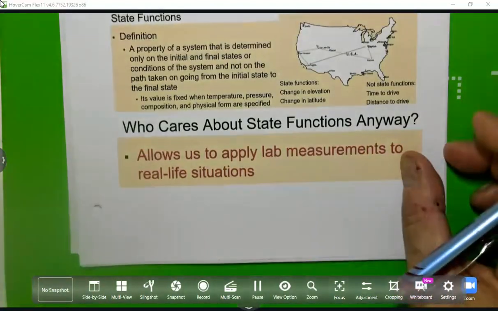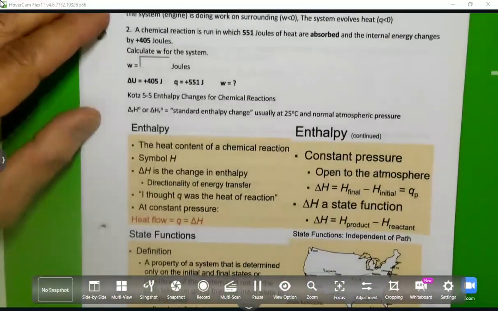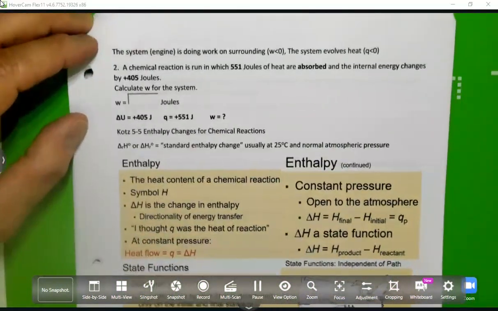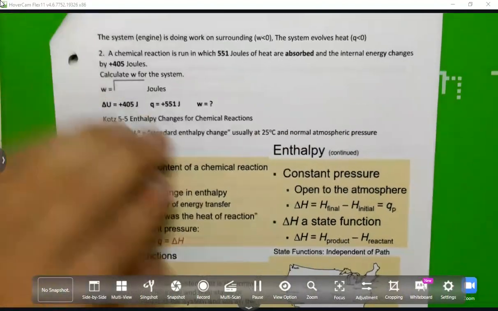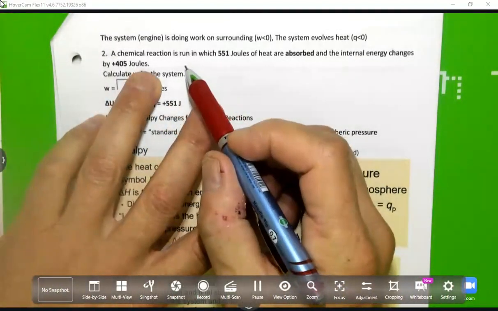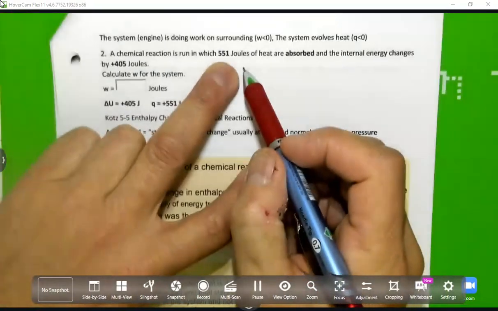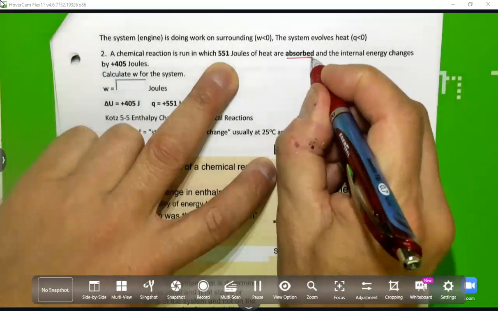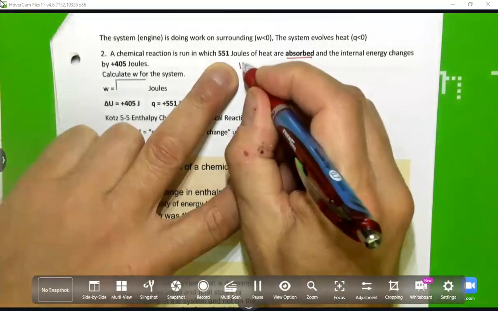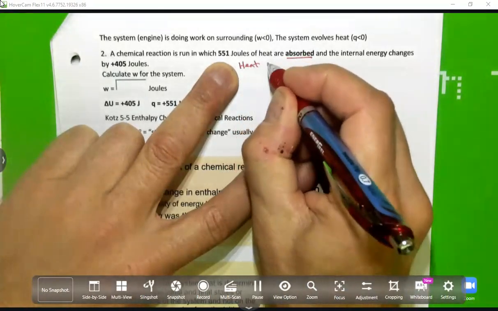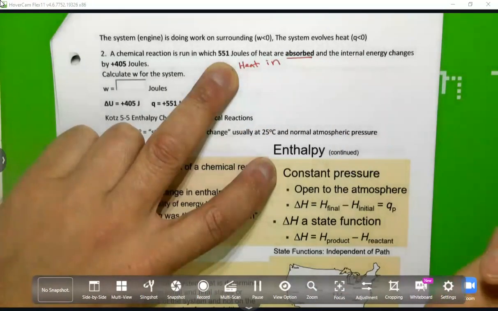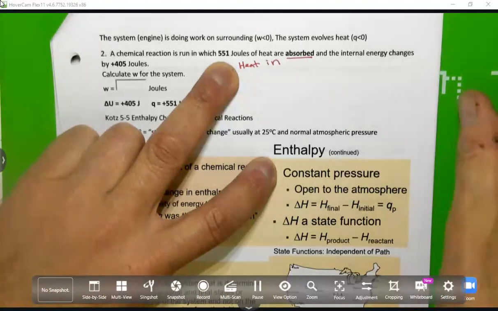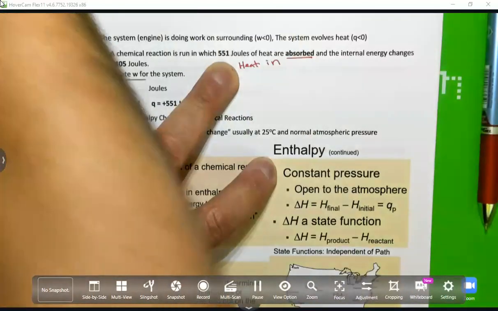Let's go to the next page here. A chemical reaction is run in which 551 joules of heat are absorbed. Heat in. Heat in.